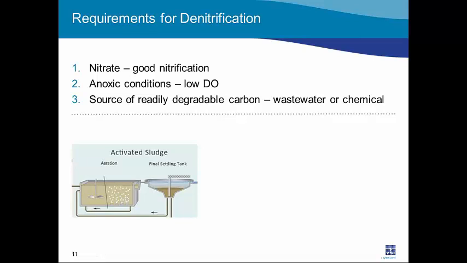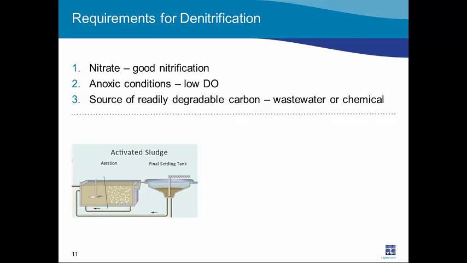So we've got the nitrate from nitrification. So the return activated sludge, which has nitrate in it, and the internal recycle here, with even more nitrate in it, is returned back to the head of the tank, where it mixes with carbon in the wastewater.